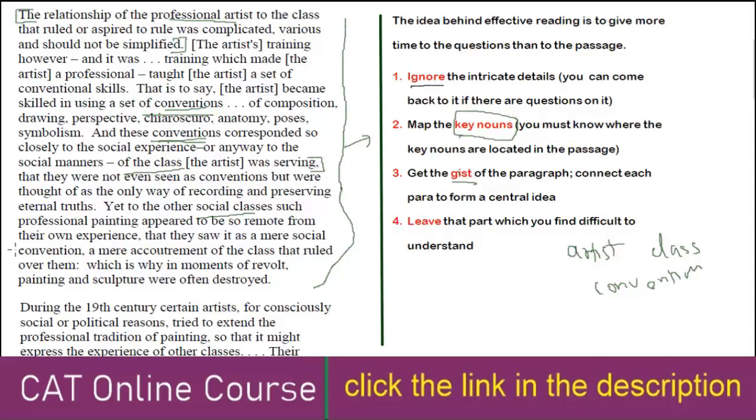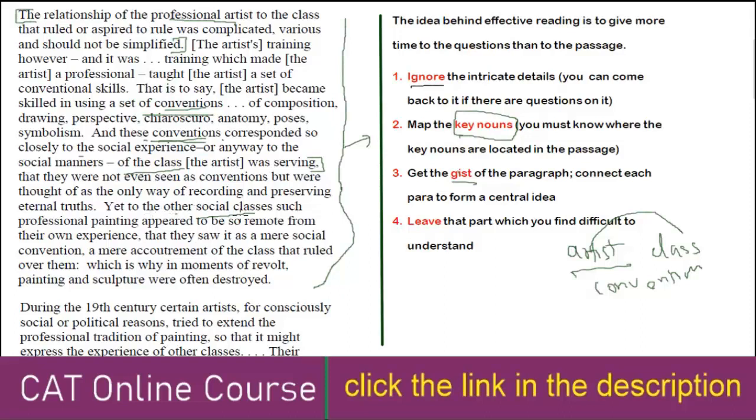The author says that the relationship of the professional artist is with the class, and he's carrying out all the artistic activities to serve the ruling class. This is what he says. And these conventions corresponded so closely to the social experience of the class the artist was serving. So whatever convention was designed by the professional artist was meant to serve only the ruling class.